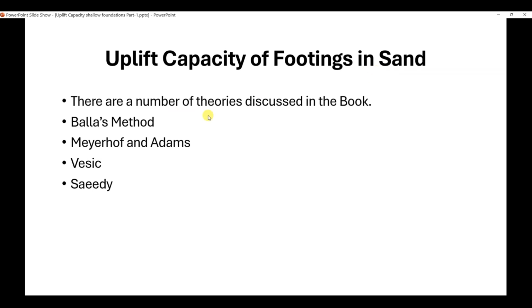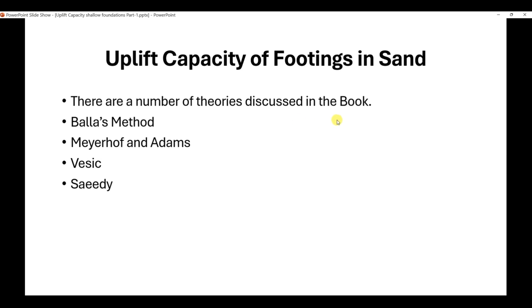However, I will touch on the mostly used method, Meyerhof and Adams, so that the viewer can get some idea how the various geotechnical coefficients work in the formulas. And then we will try out some examples to get a better idea.